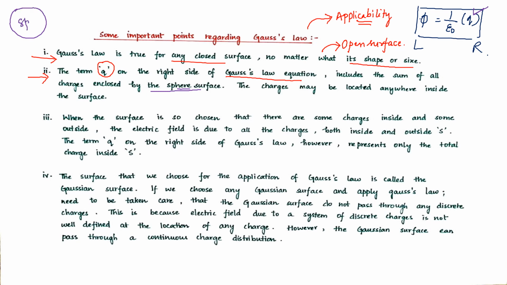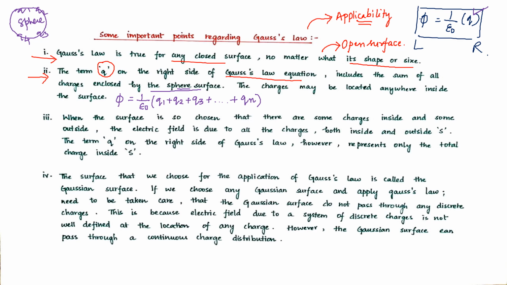If this is our sphere and it has Q1, Q2, Q3, Q4, then while writing the flux, we will write psi equals 1 upon epsilon naught into Q1 plus Q2 plus Q3 up to Qn, whatever number of charges are present in the enclosed system.